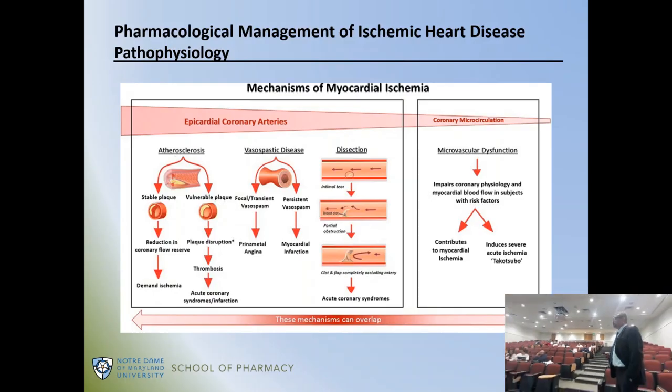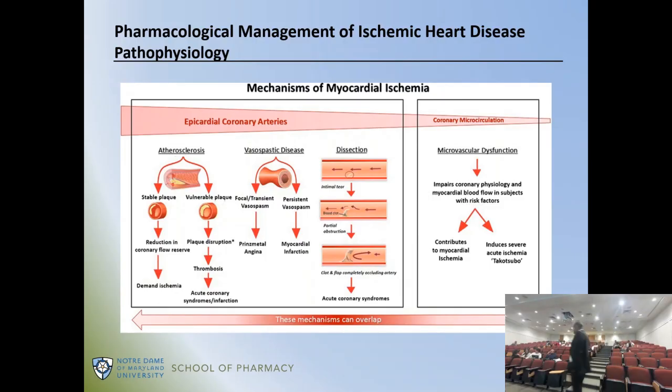And again, this can also cause ischemic issues in patients. So any type of artery, whether it's a large epicardial coronary artery or a smaller arteriole or part of the microvascular circulation of the cardiac tissue, can all cause problems here.